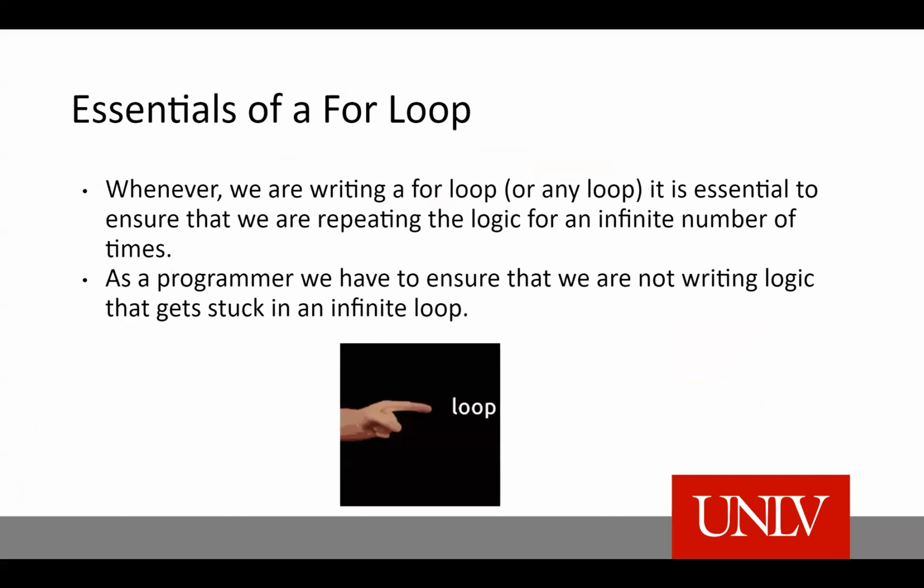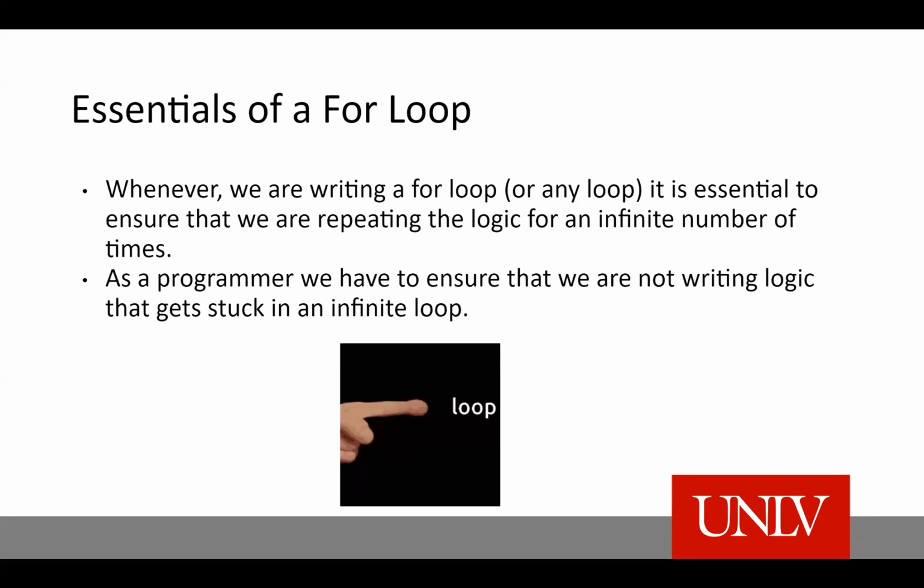Now there are certain essentials of a for loop. We don't want to repeat a for loop an infinite number of times, and we also do not want to write a for loop that never gets executed. So it's a fine balance.